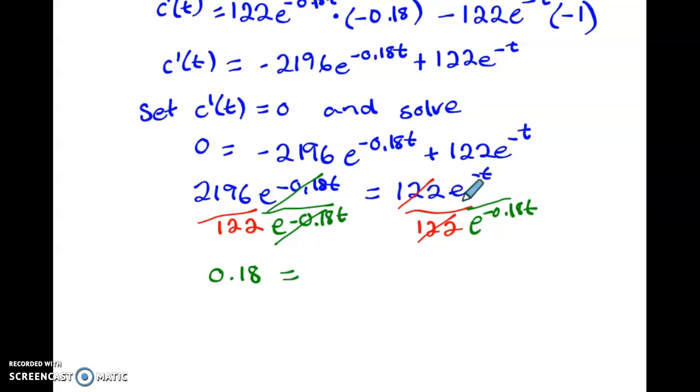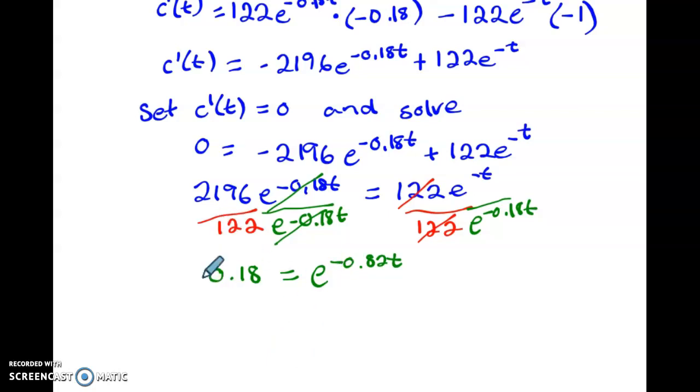On the other side, we have two terms dividing each other, but they have the same base, so we can just subtract the exponents. When we do this, we get e to the -t minus -0.18t, which ends up being -0.82t. So it does simplify fairly nicely there.